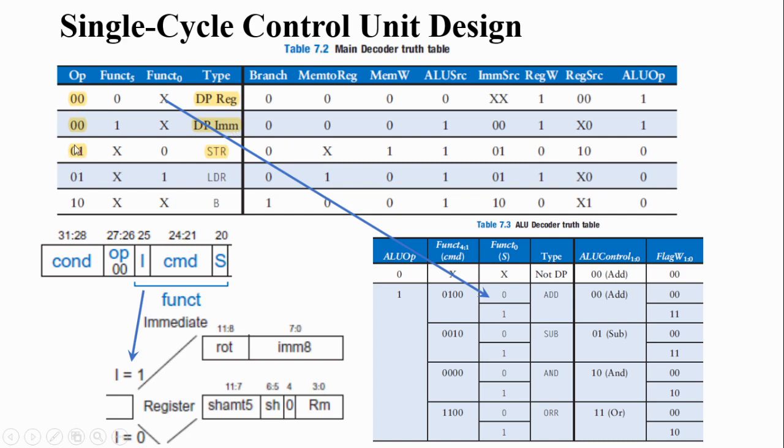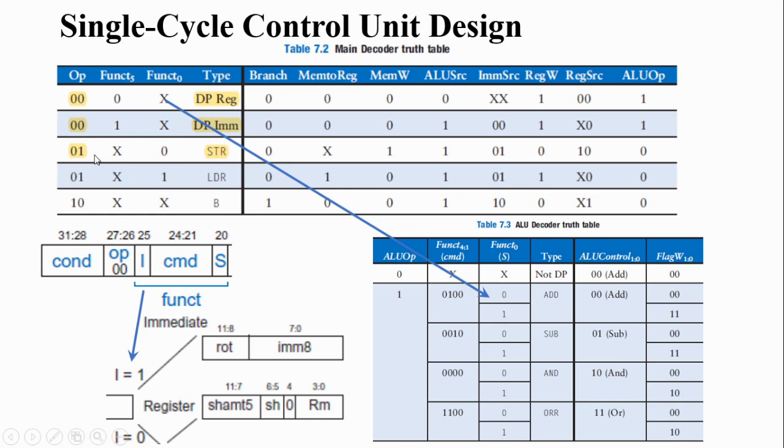Then if it is 01 in the opcode field, it performs a store or load operation. For the store and load, there is another bit in the function field: if function field bit 0 is 0, it means store. If this bit is 1, it means load.